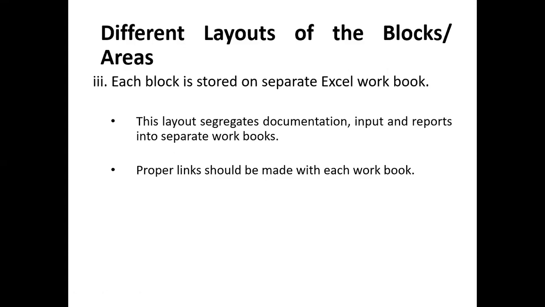When you create the inputs in one workbook, the person who is entering the data can just type the information into that particular workbook, and the person who is looking at the report definitely knows from where the data is transferred, but the people who are entering the data do not know where this information is going. That's why it is advantageous for the managers, whereby they can see the reports and also the source where the data is coming from, but the data entry operator cannot see anything. So that is the most comprehensive level.